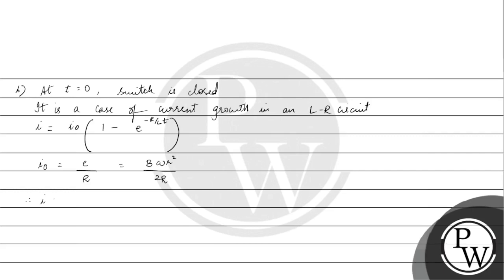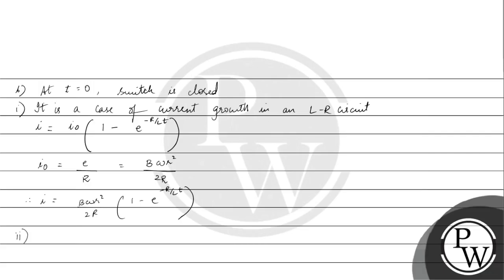So therefore I is equal to B omega R squared by 2R into 1 minus e to the power minus R by L into t. तो ये था फर्स्ट पार्ट ऑफ क्वेश्चन बी.